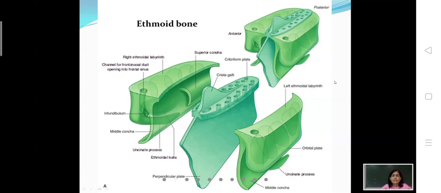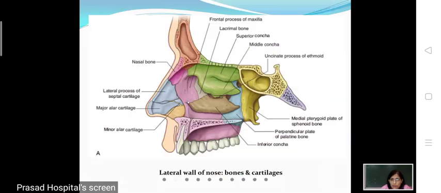Now, this is the lateral wall of nose. Sorry, these are the bones and these are the cartilages. Bones are, this is the maxilla. This purple colored is the maxilla. Most of the lateral wall is formed by the maxilla. If you remember the maxilla, there is a nasal surface.